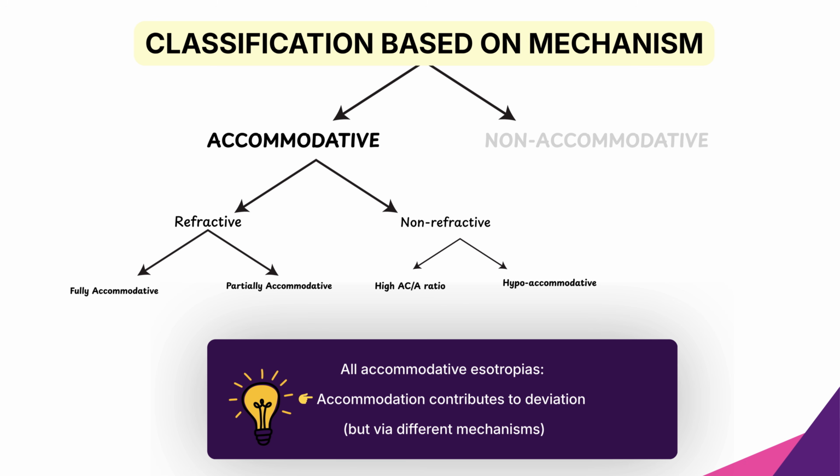In hypoaccommodative states, reduced accommodation is associated with a compensatory convergence effort leading to esodeviation. Thus, although the mechanisms differ, accommodation remains central to all these subtypes, and therefore all of them fall under the accommodative.